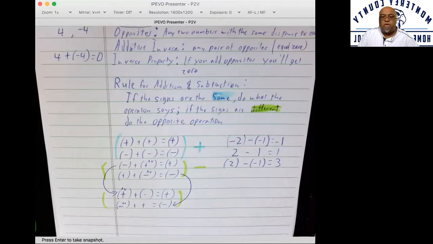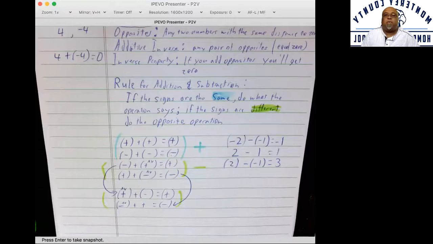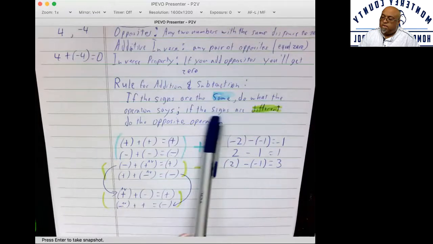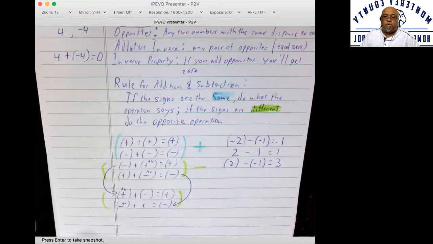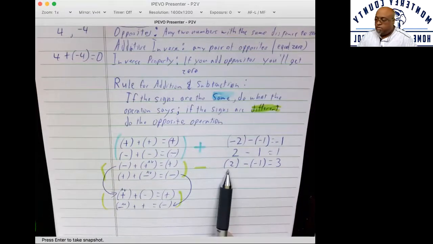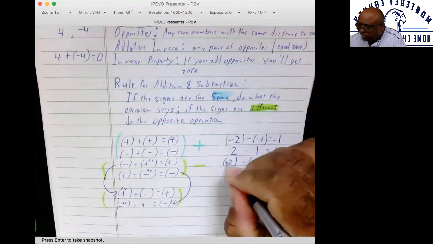Well, wait, how do you get +3? I'm looking here, I see a bunch of minuses, so that means it's supposed to be like super subtracted. Okay, let's look at the second part of the rule. If the signs are different, do the opposite operation. Let's look at my signs. I have a positive one here. I didn't write it in, so maybe I'll just write it in just to avoid confusion.